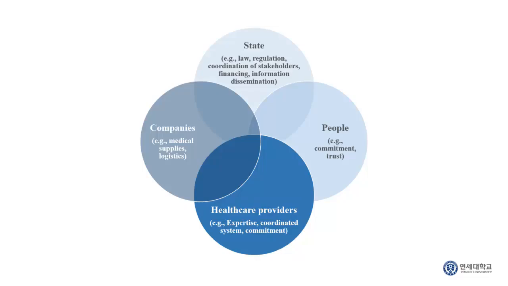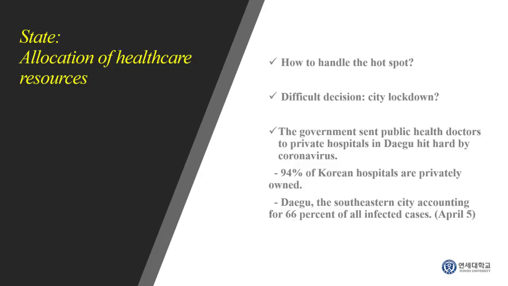Now, the issue is governance. In the current situation, governance is important in deriving concerted efforts from diverse stakeholders. The state needs to interact with people, healthcare providers, and companies. Government should be able to allocate the limited healthcare resources based on urgent needs.